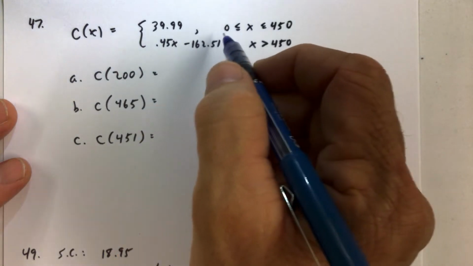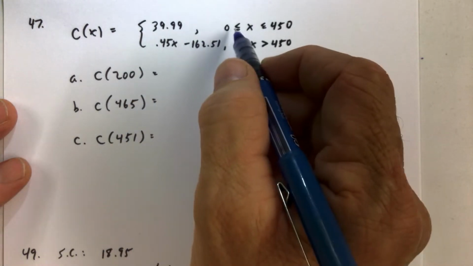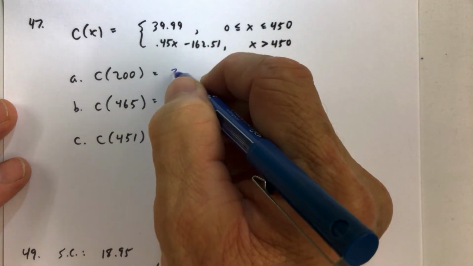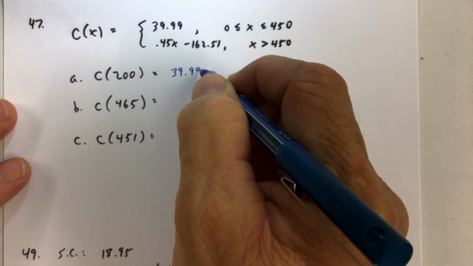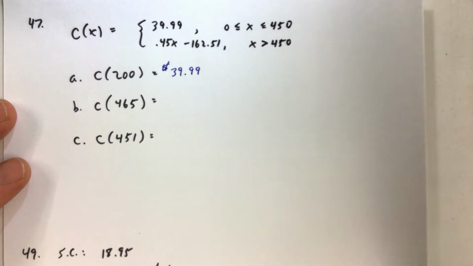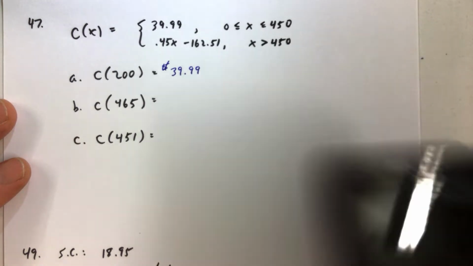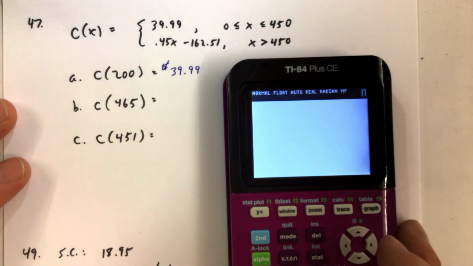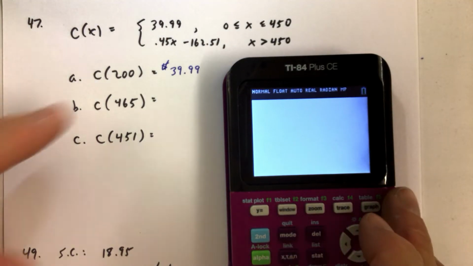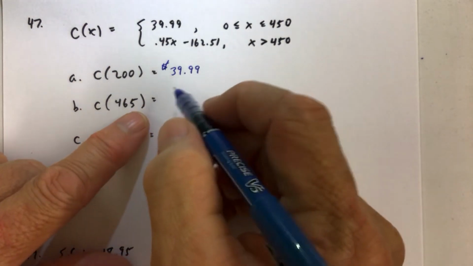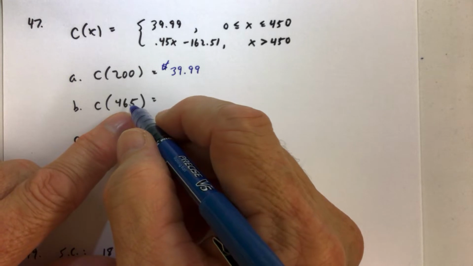So if by chance you use between 0 and 450 minutes, the cost is going to be a flat $39.99, as long as you use less than or equal to 450 minutes. And then I'll just break out the calculator here and figure out the cost for using 465 minutes.